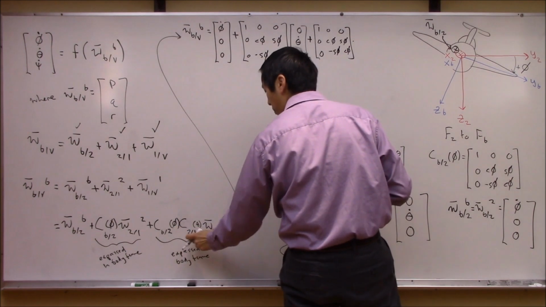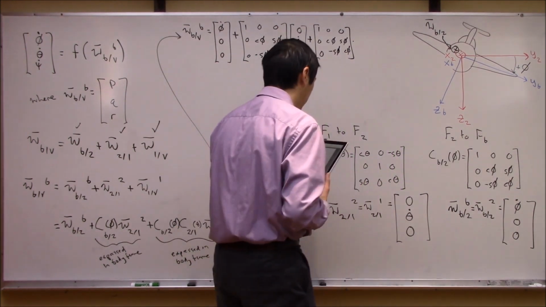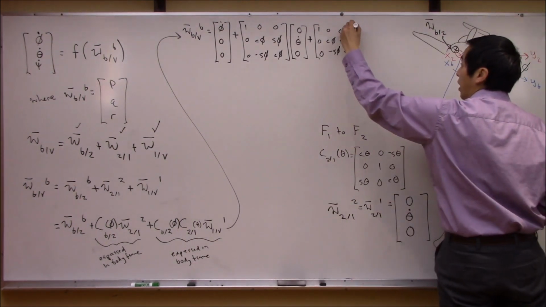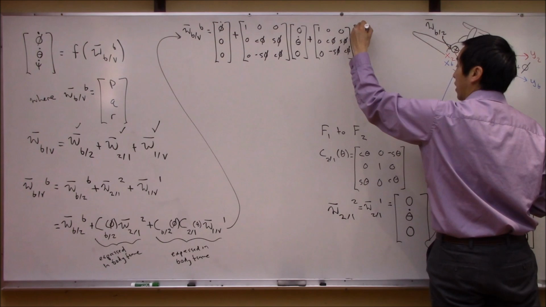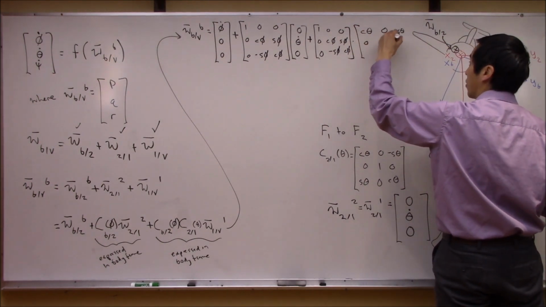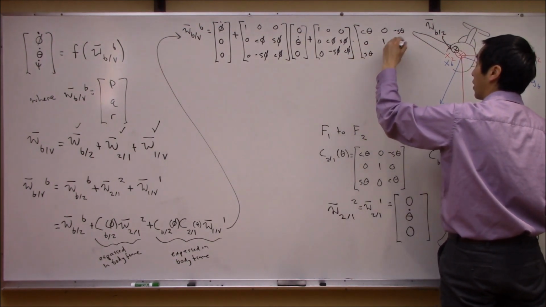Times this rotation matrix, right? The rotation from 2 to 1 over theta. That's this guy right here, right? That's that rotation matrix. So this is times [cosine theta, 0, minus sine theta; 0, 1, 0; sine theta, 0, cosine theta], right?